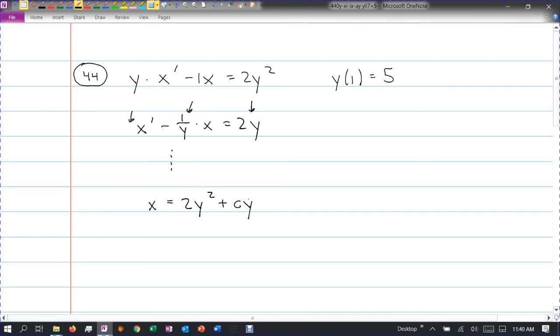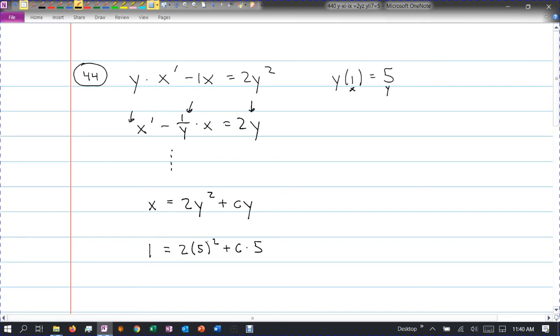And then there are some domain restrictions on this. y has to be bigger than 0. So now we just use this information that, oh, we have to be a little careful here, because this is telling us what x is, and this is the output, right? So this is like the y. So what that means is when we try and solve this for c, we actually want to say 1 must be equal to, sorry, x, yeah, 1 must be equal to 2 times 5 squared plus c times 5.